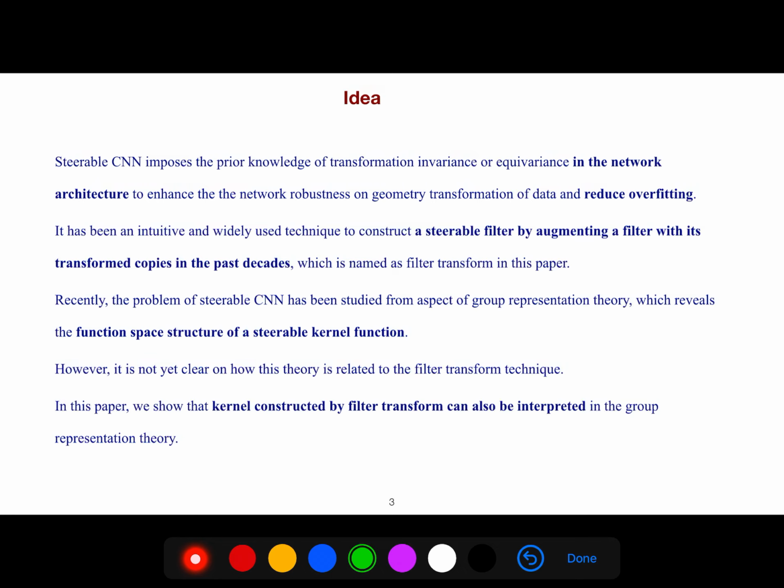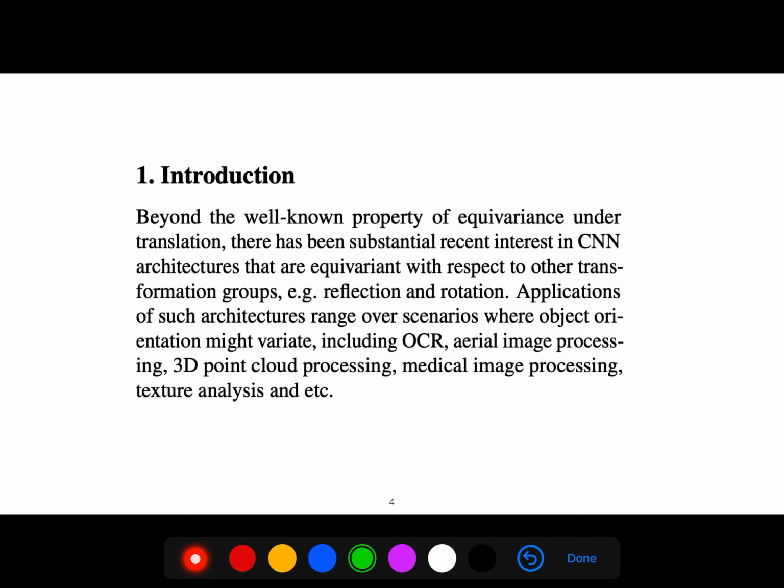Recently, the problem of steerable CNN has been studied from the aspect of group representation theory, which reveals the function space structure of a steerable kernel function. However, it is not yet clear how this theory is related to the filter transform technique. So we show that the kernel constructed by filter transform can also be interpreted in group representation theory.